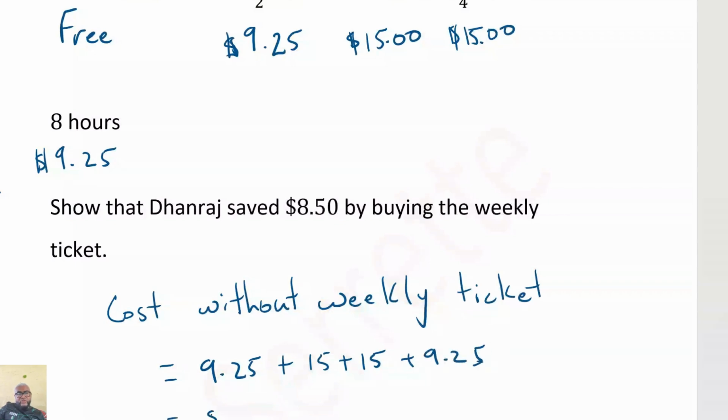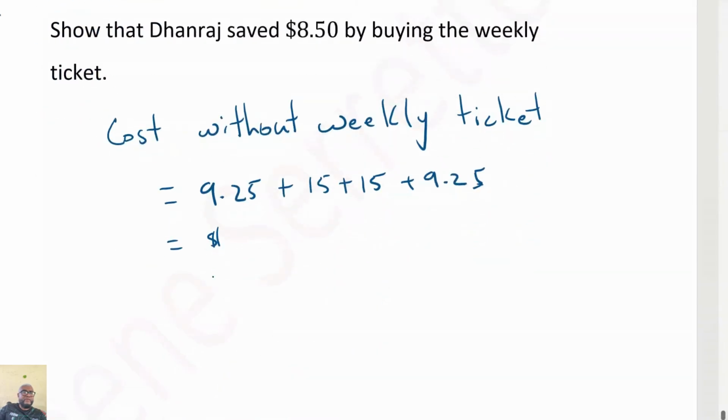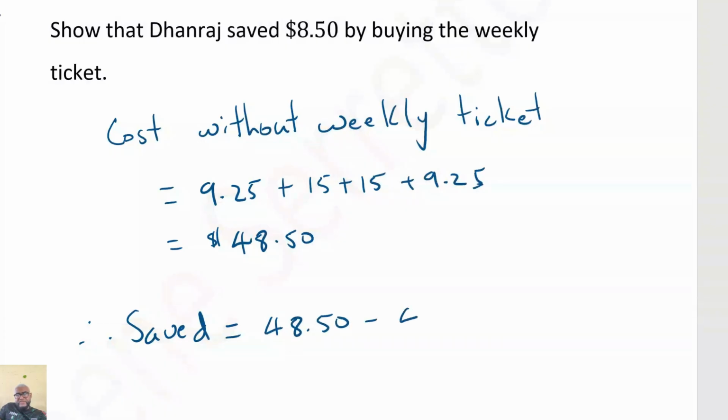How much does it cost without the weekly ticket? 30 plus 18 is 48, 48.50. Right? So therefore, saved would be 48.50 minus 40, which will give me $8.50, right? Proper, my children. So this will be saved.